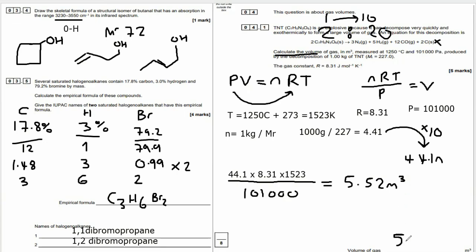So our volume of gas should be 5.52 meters cubed. Brilliant. They will accept a range from 5.5 to 5.53 meters cubed. So groovy, that's in that range.